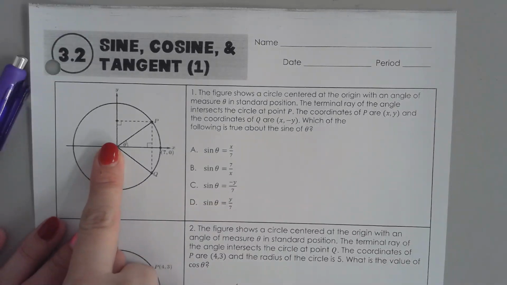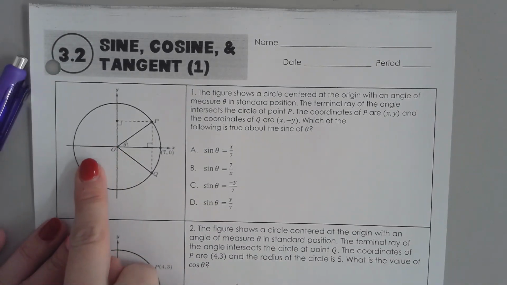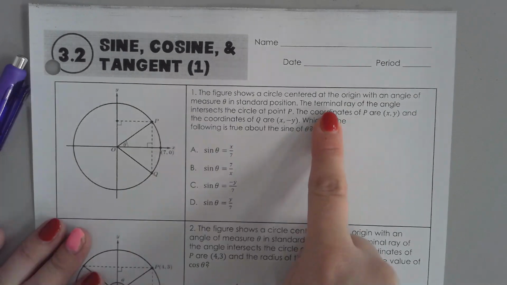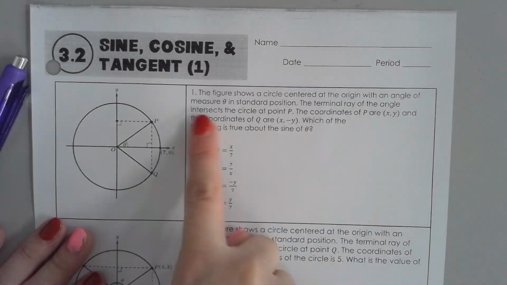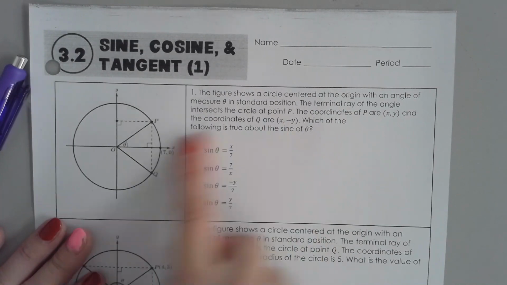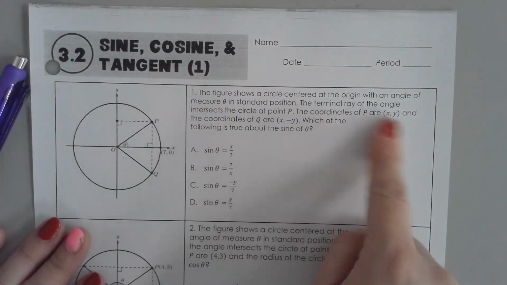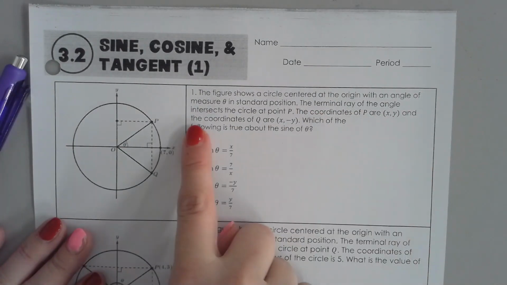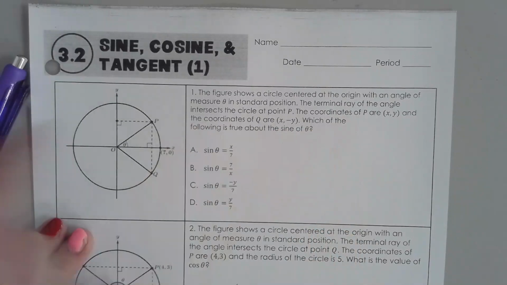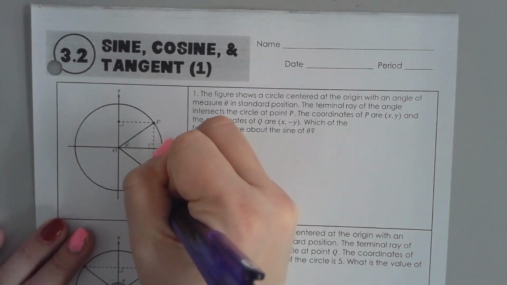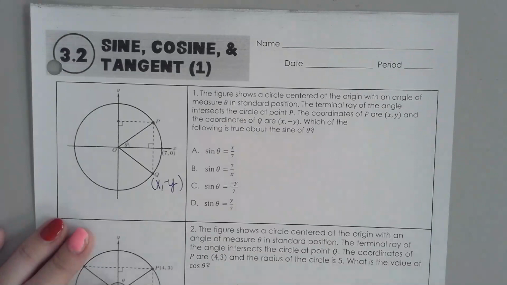The terminal ray of the angle has the coordinates. Oh no. I don't know what this was. I've messed up. I've copied and pasted. Oh no. The terminal ray of the angle, I can't read, intersects the circle at point P. The coordinates of P are x, y, and the coordinates of Q are x, -y. That's not on there, so you may just want to jot it down.